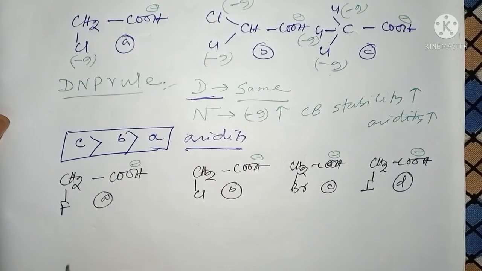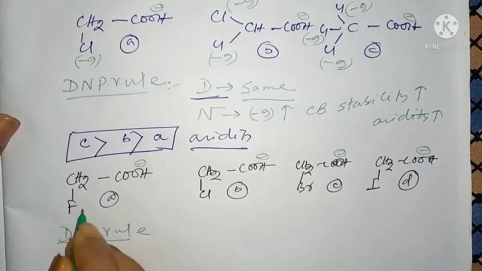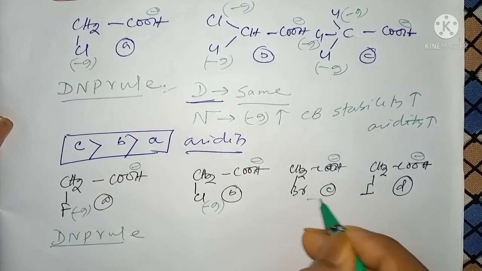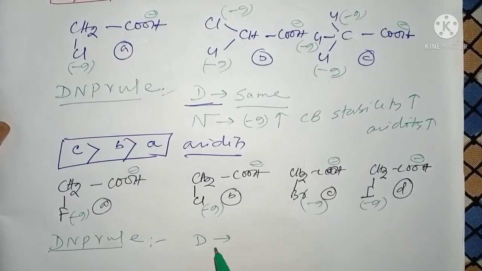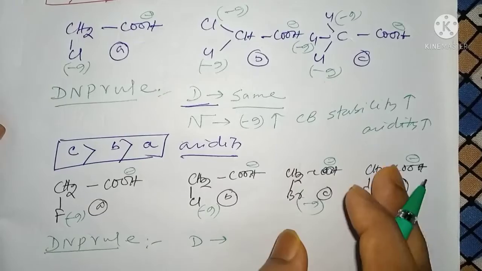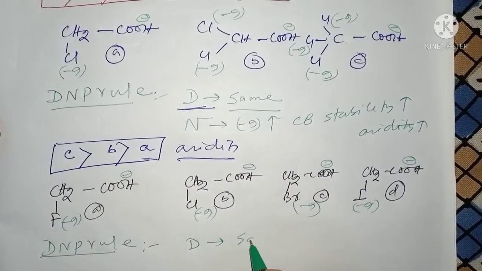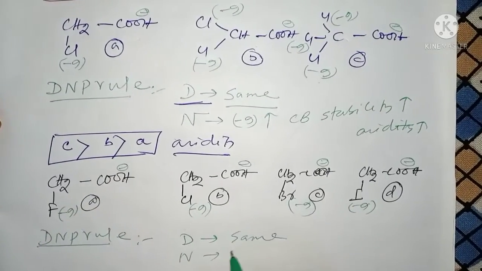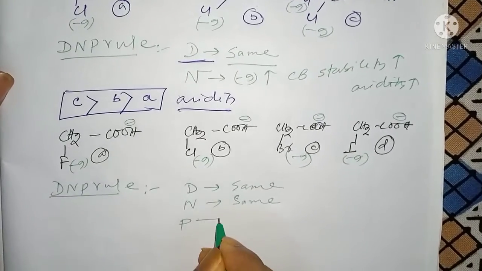Now first check the conjugate base after H+ is removed. First check the DNP rule, because all have the minus I effect. So first check distance: it is the first carbon, all have the minus I effect, so distance is the same. Number: there is 1 minus I effect, so number is the same. Then check power.